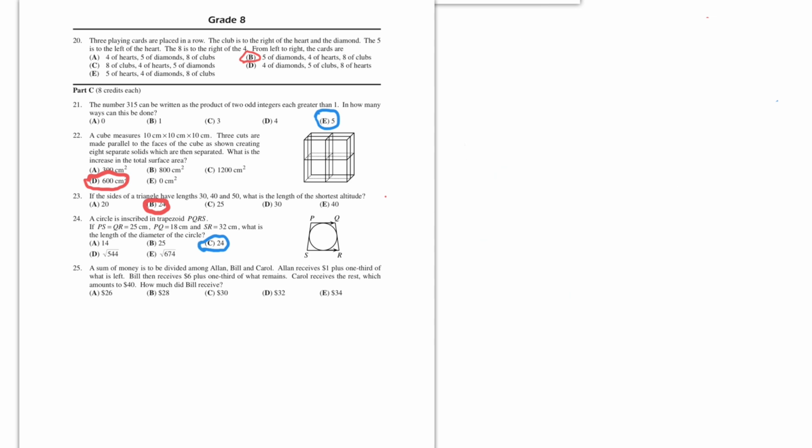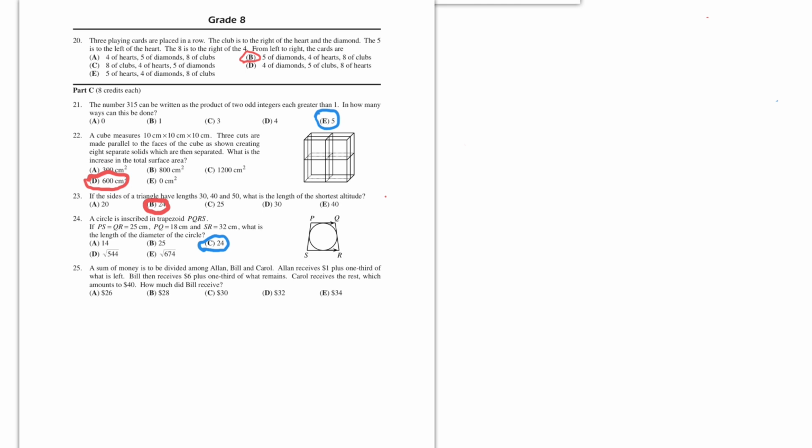Number 25. A sum of money is to be divided among Alan, Bill, and Carol. Alan receives $1 plus 1/3 of what is left. Bill then receives $6 plus 1/3 of what remains. Carol receives the rest, which amounts to $40.